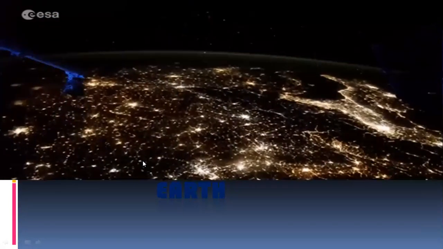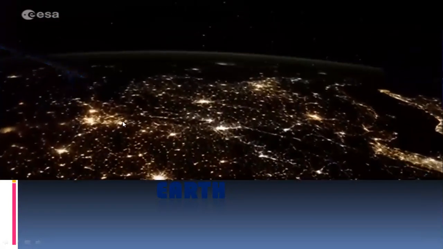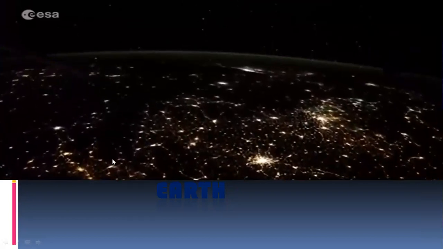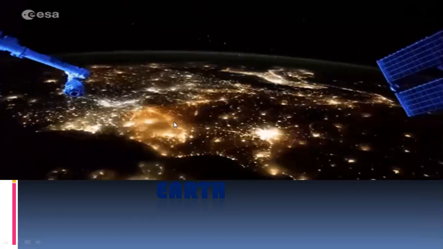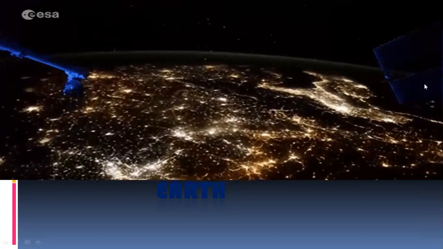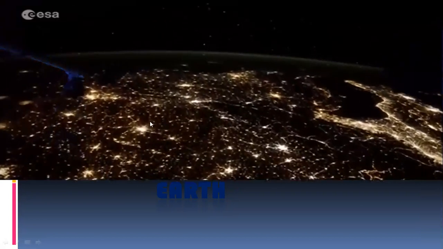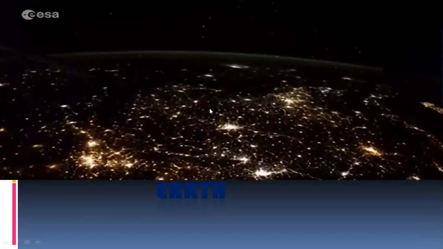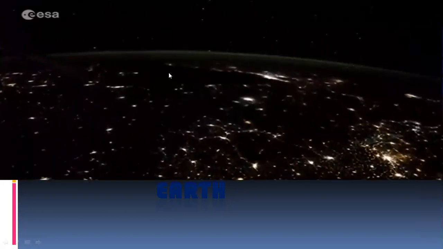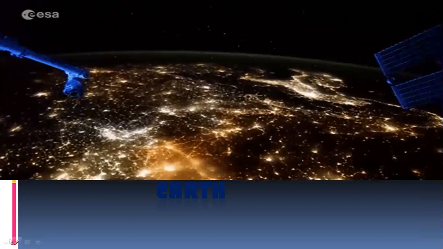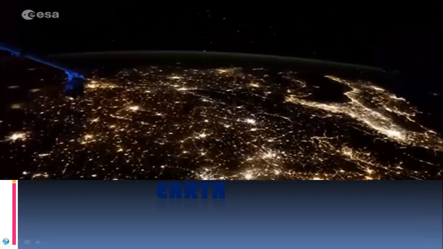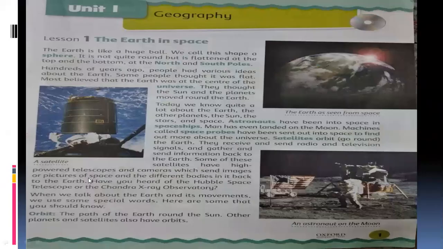You can see over here these two things, satellites. These are the satellites, and you can see the earth shapes up in the sky like a huge ball. And these are the satellites which are sent into space to get information. When we talk about the earth and its movement, we use some special words.